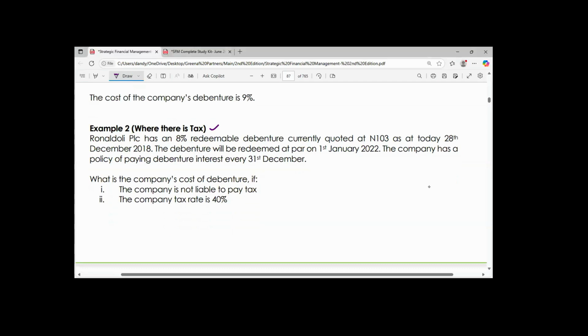The debenture will be redeemed at par on 1st January 2022. The company has a policy of paying debenture interest every 31st December. What is the company's cost of debenture if the company is not liable to pay tax? 2. The company tax rate is 40%.